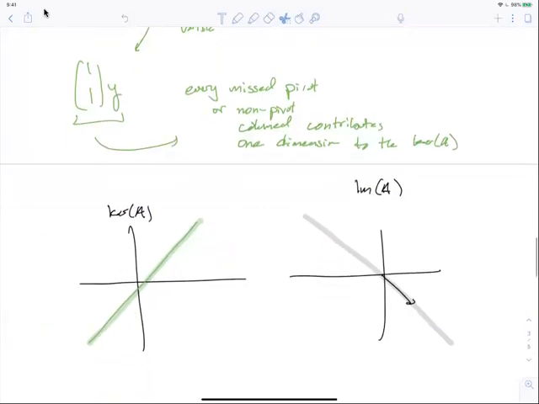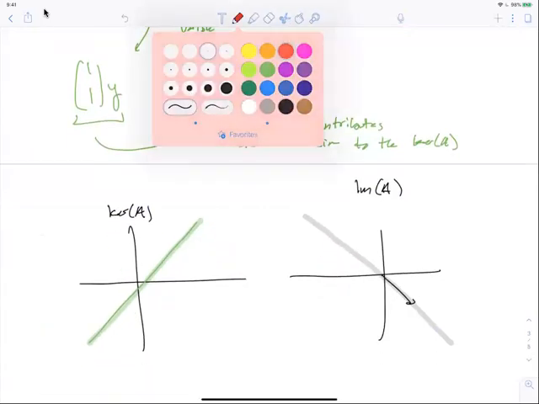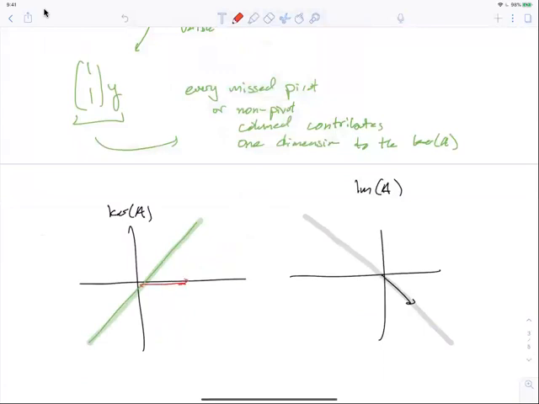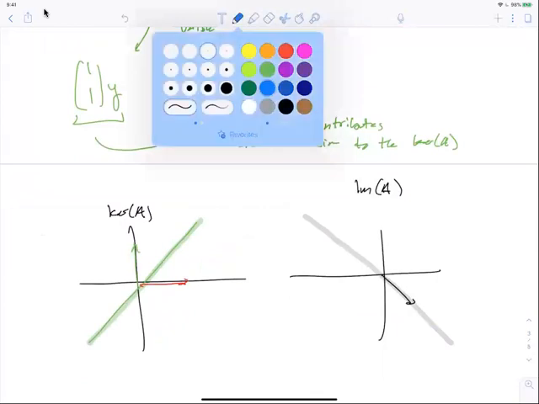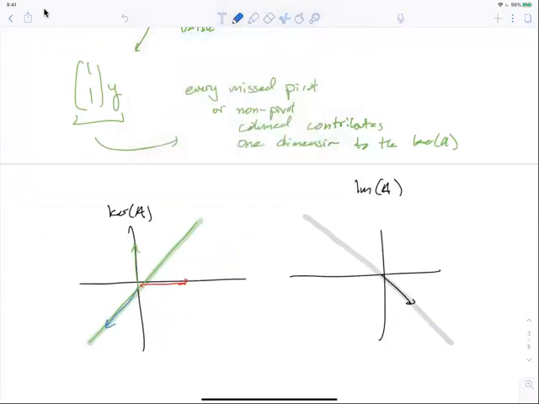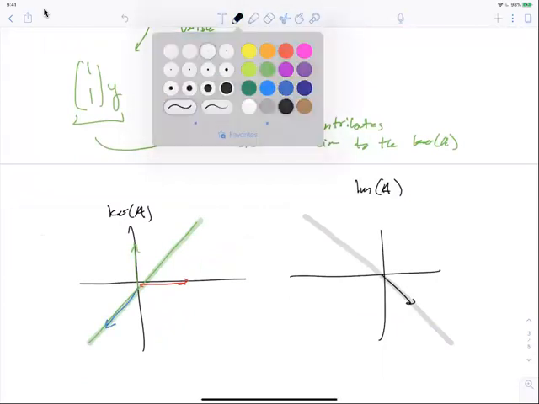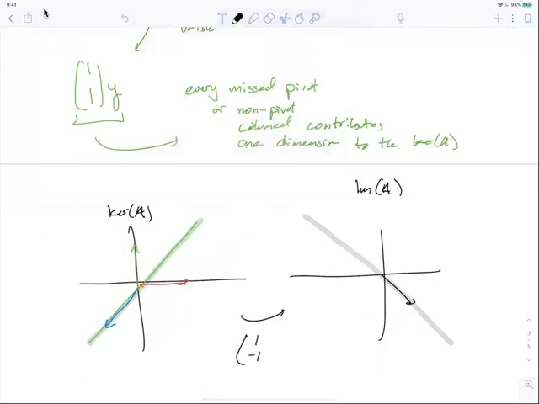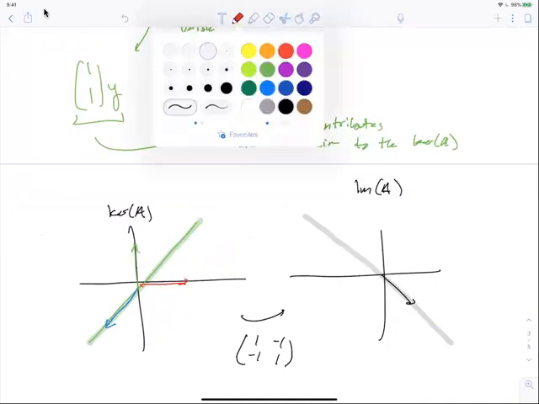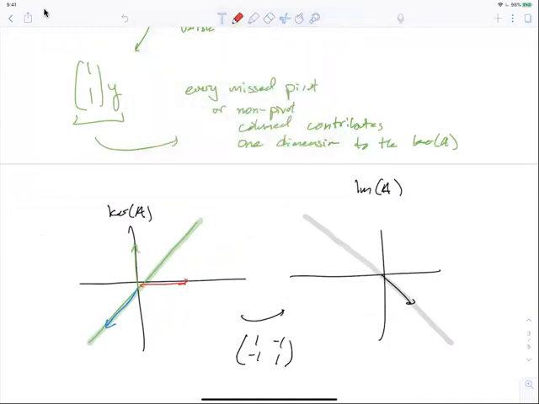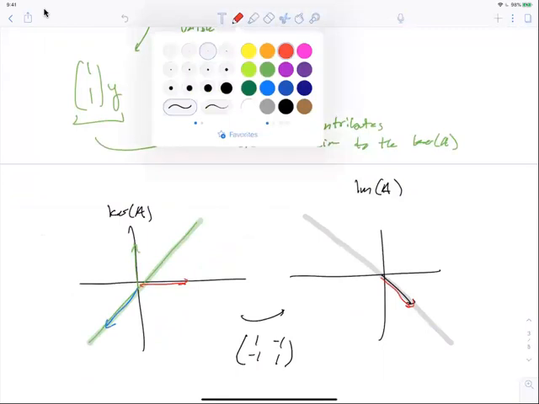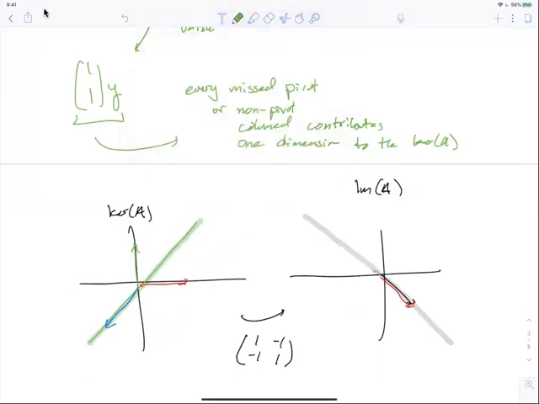All right, so if we actually took all the pictures of this matrix, all the vectors that we wanted, what's going to happen? So we're just applying the matrix here as 1, minus 1, minus 1, 1. And so the red vector is going to be right here. The green vector is going to be right here. And the blue vector turns out to get smashed right onto there.